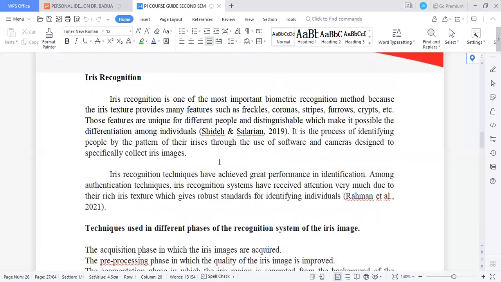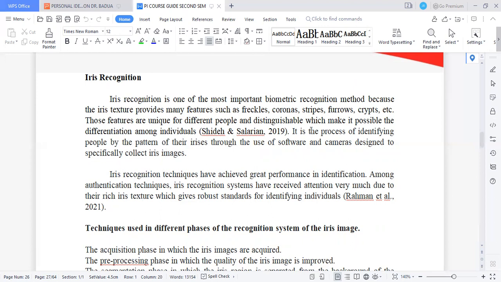Okay, iris recognition. We all know that the eyes are very important and essential in the identification of a person. But the main focus of this iris identification is the iris texture, which has several features like the freckles, coronas, stripes, furrows, crypts, and others.